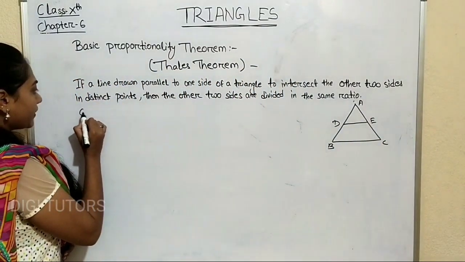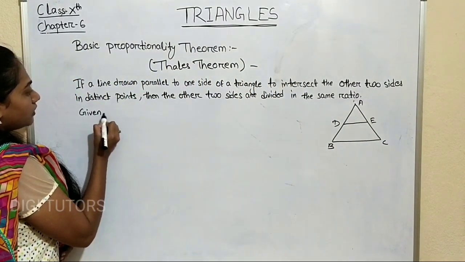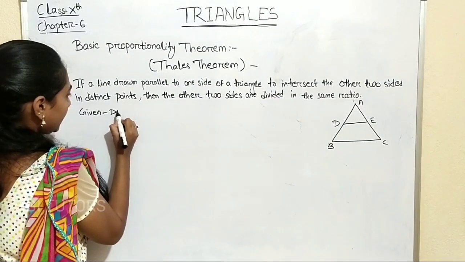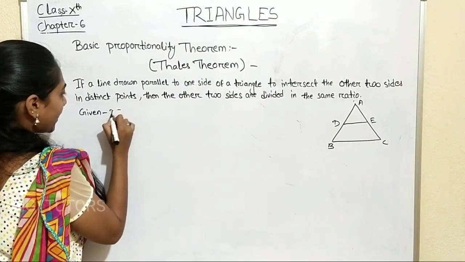So this is our given. ABC is a triangle.